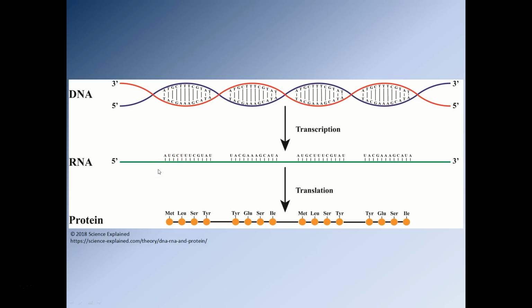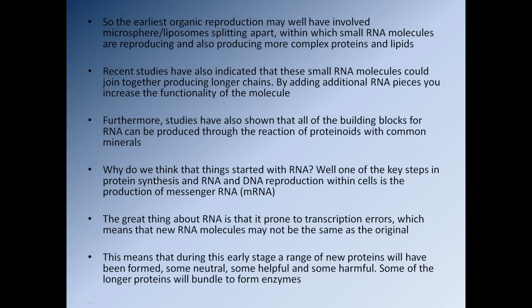But that means you're creating a new protein. So once again, through blind luck, you are essentially creating a new protein, and that protein could be good, it could be neutral, or it could be detrimental to the liposome. So once again, it's a game of chance, but sometimes it'll work, and most of the time it probably didn't.